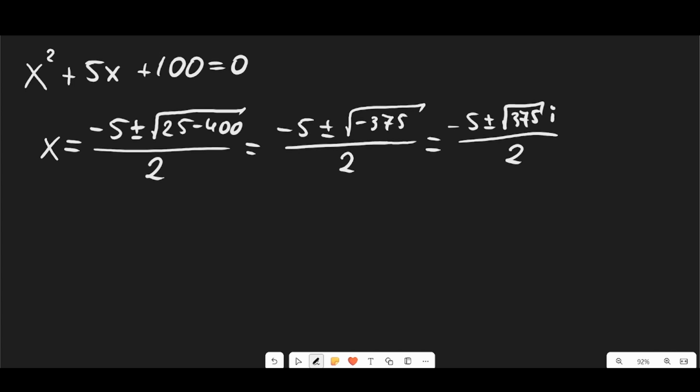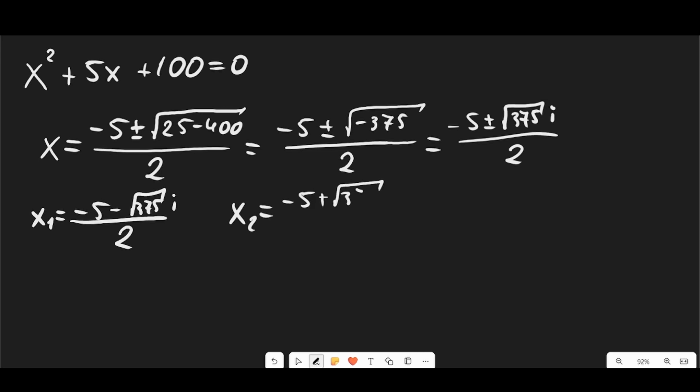And clearly we can see that these two numbers are conjugates of each other. If we define x1 as negative 5 minus root 375 times i over 2, this is one root, and the second root would be x2, negative 5 plus root 375 times i over 2.